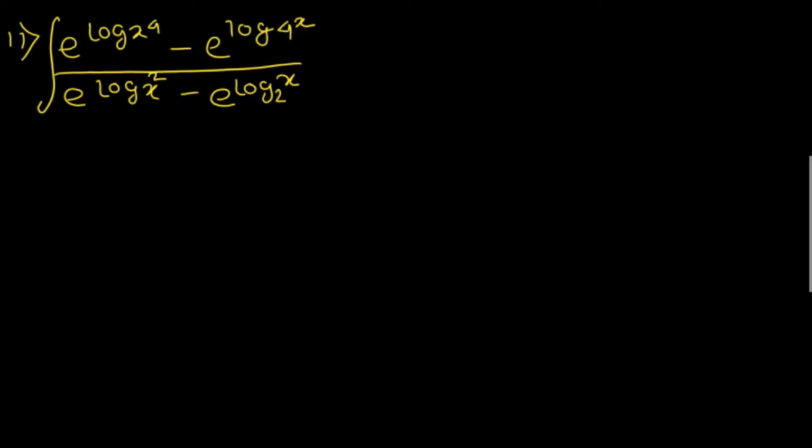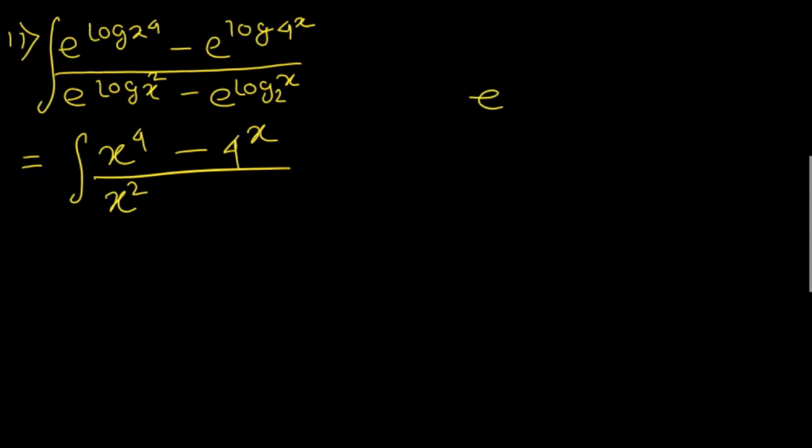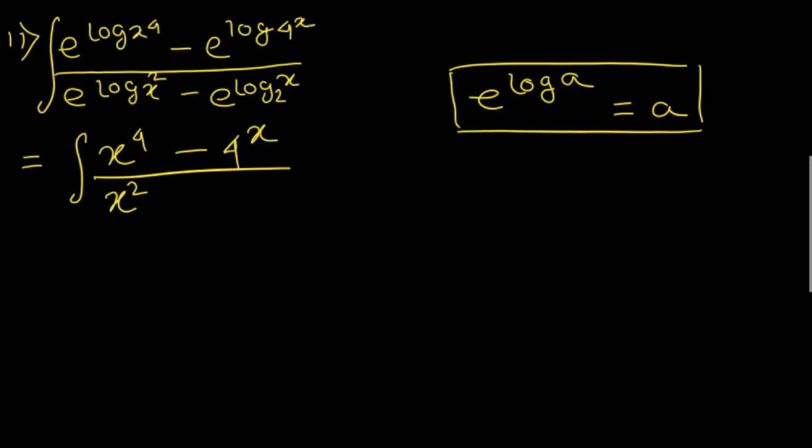I'm getting e to the power log x to the power 4, that is, it's a formula of logarithmic function that gives integration of x to the power 4 and same 4 to the power x by x square, since this is the formula, e to the power log of a gives a, based on this formula, x square minus 2 to the power x.